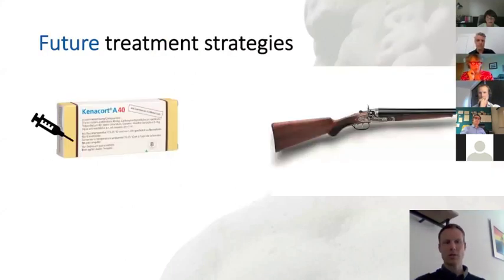So how does this information help us? I think in the future we will move to more specifically targeted medicine to prohibit the inflammatory response leading to tissue fibrosis. This is what we now have. It's our Kenacort. This is our short barrel gunshot to prohibit the inflammatory reaction.